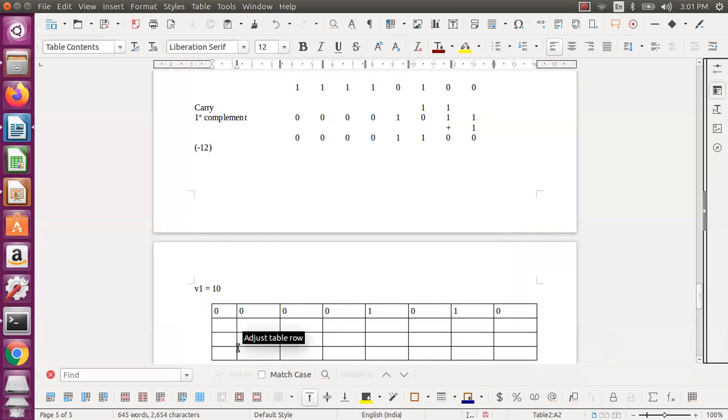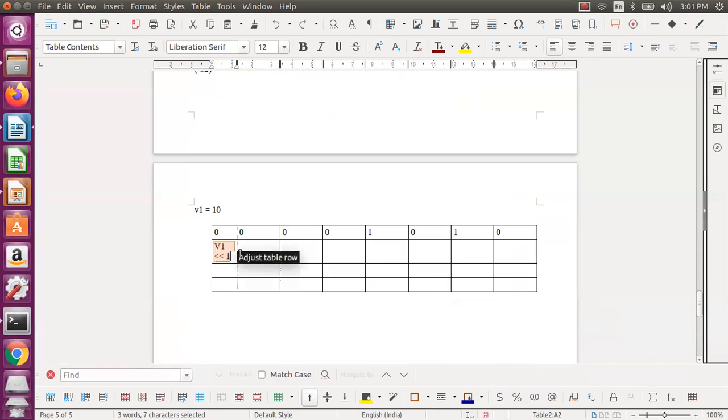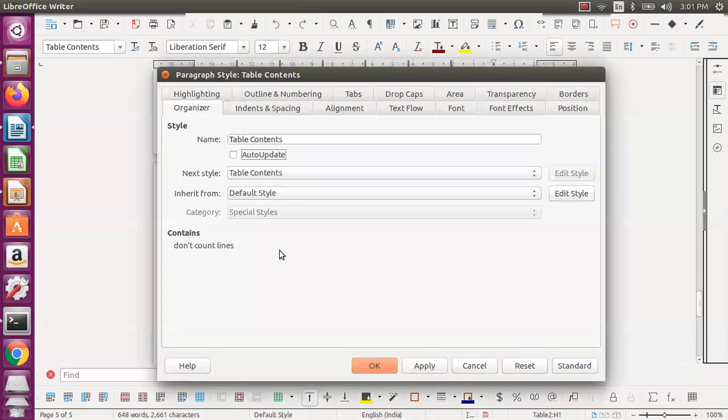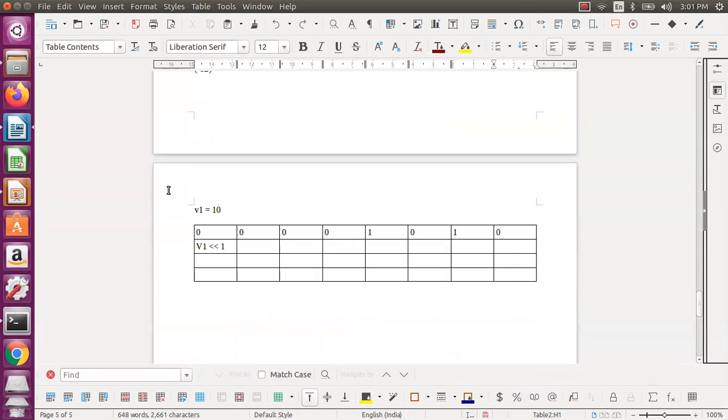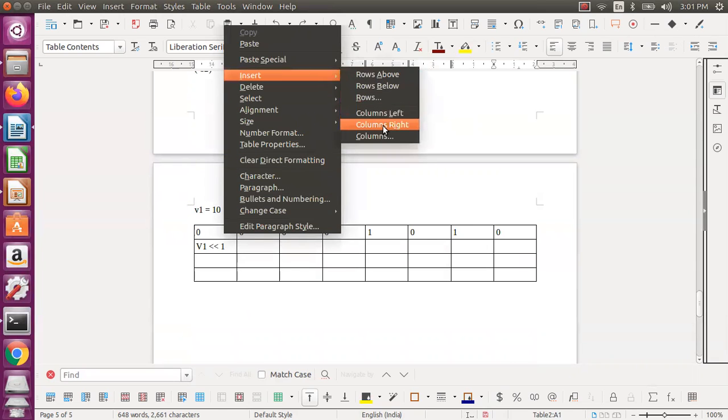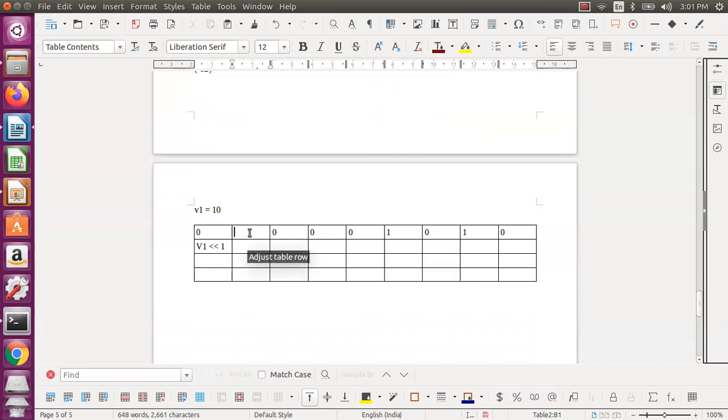It is difficult to write there, so I'm just writing here for our information. Maybe I will write another column, insert column. Okay, so maybe I will write this 0 here, and then this notation here.